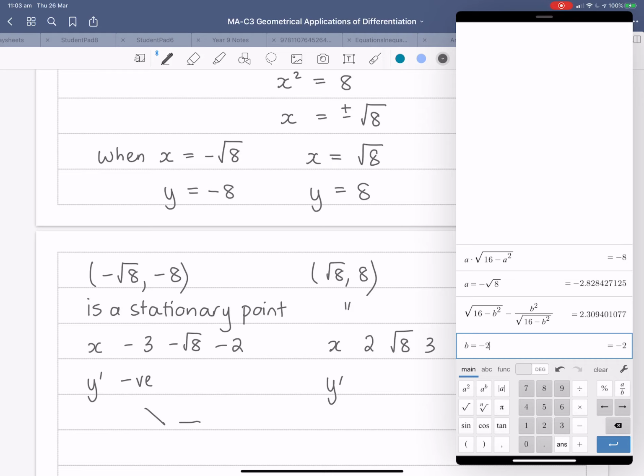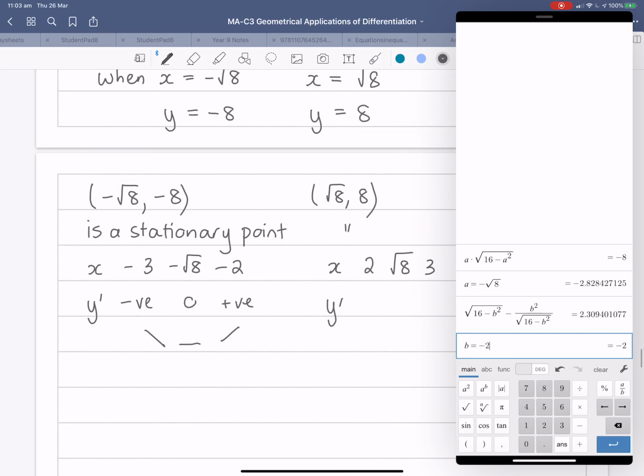When I substitute in negative 2, I get a positive value. So that means that this minus root 8, minus 8, is a minimum.